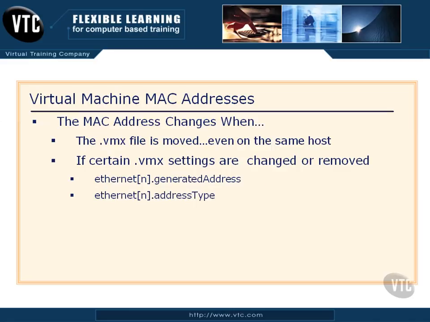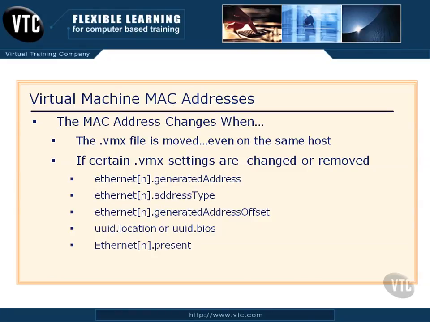Same thing for Ethernet address type, Ethernet generated address offset, UUID location or UUID BIOS, and Ethernet, whatever the number is, present. Any of those changes will make the MAC address get regenerated. Also, if you remove and replace the virtual adapter, it's going to change the MAC address.